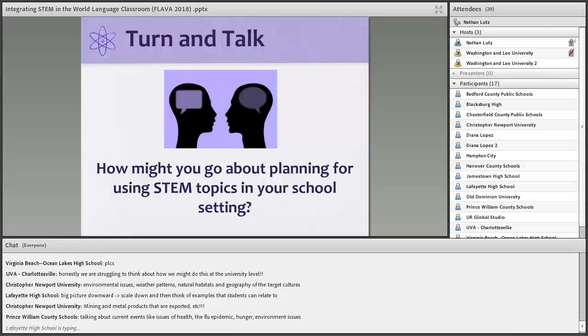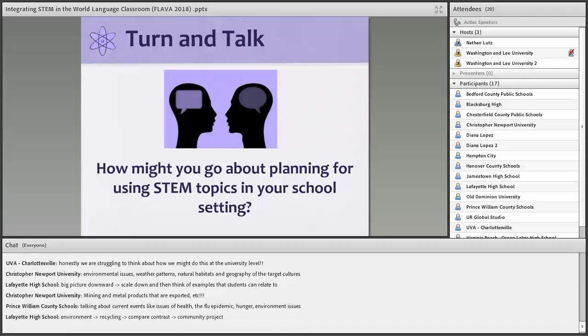Somebody talking about mining, current events relating to public health, flu epidemic, hunger, environmental issues. Very good. Recycling. Very good. And just really putting some of the onus onto your students and having them come up with ways and approaches to some of these challenges.